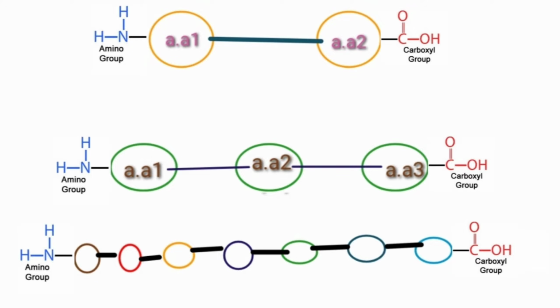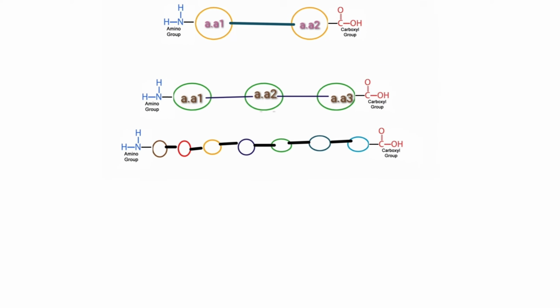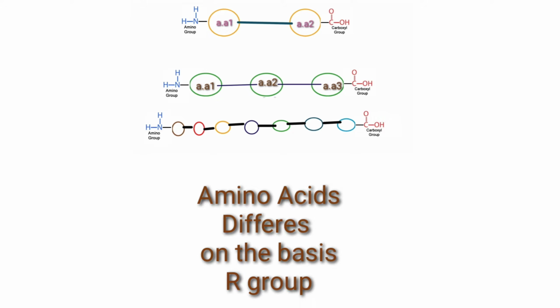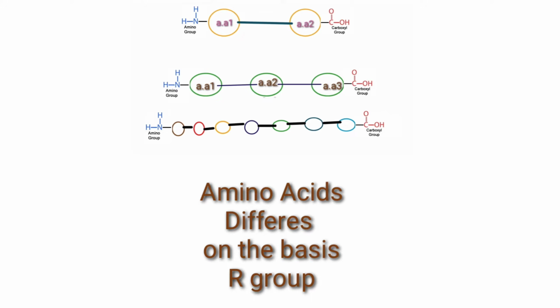Here is something important to remember: instead of writing every time the amino group at the left side and the carboxylic group at the right side in every amino acid sequence of a protein, because we know every amino acid shows some common structure and they all differ on the basis of the R group only.